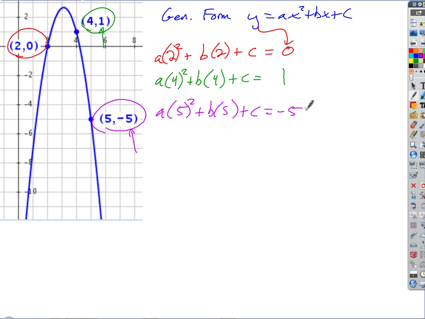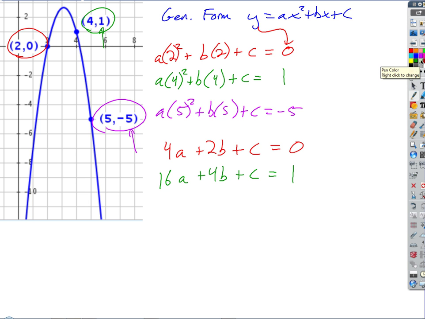And so if I simplify that, the red equation becomes 4a plus 2b plus c equals 0. The green equation becomes 16a plus 4b plus c equals 1. And the purple equation becomes 25a plus 5b plus c equals -5.